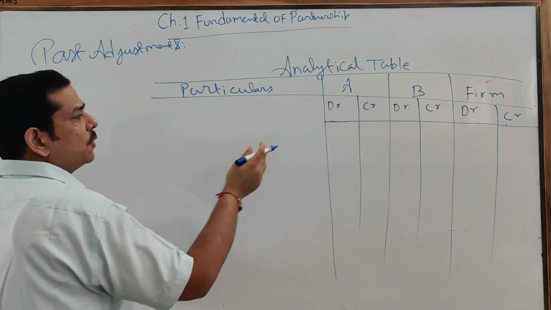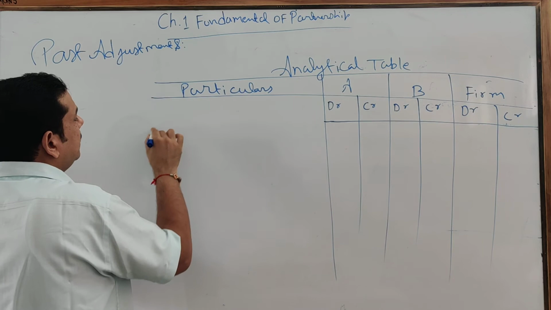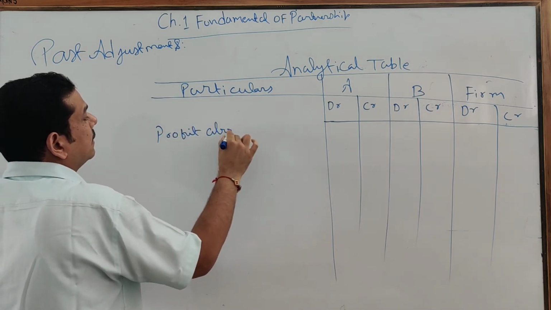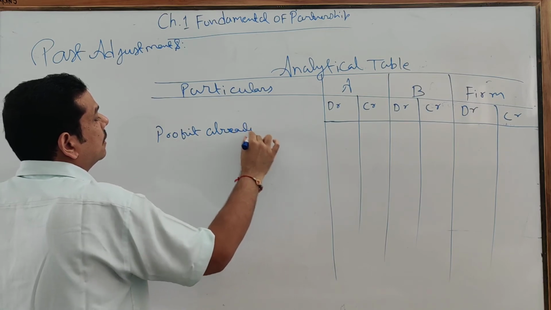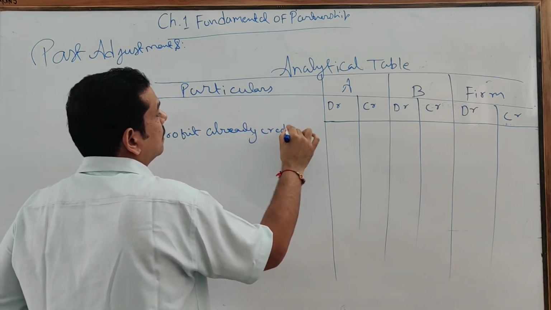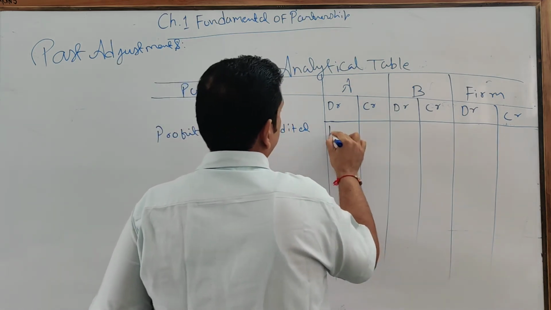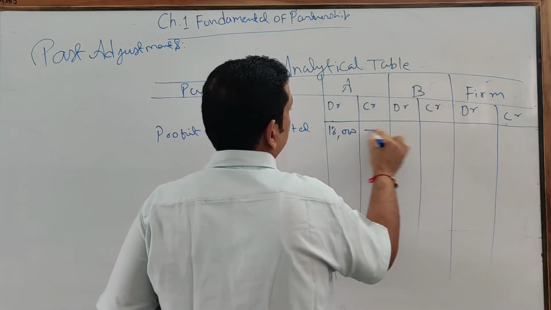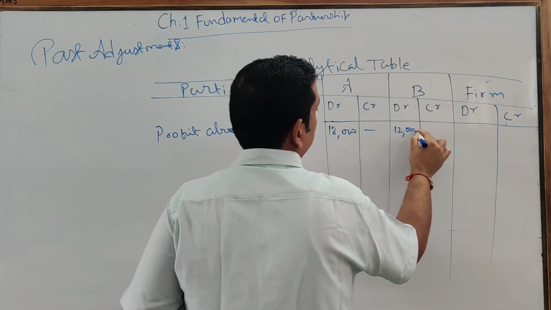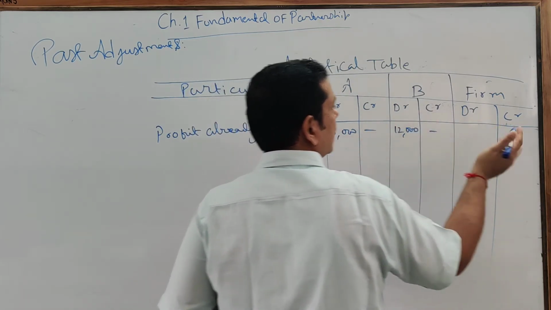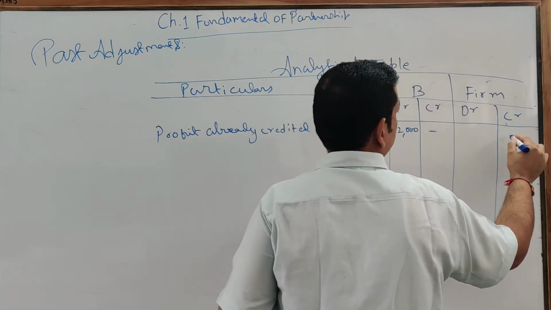We will first write profit on the debit side, profit already credited. Write it on the debit side. 30,000 was divided, so 18,000 and 12,000. Whatever comes in the debit of the partners' capital accounts will come to the credit of the P&L account, 30,000.